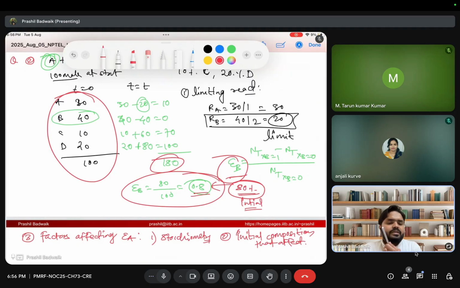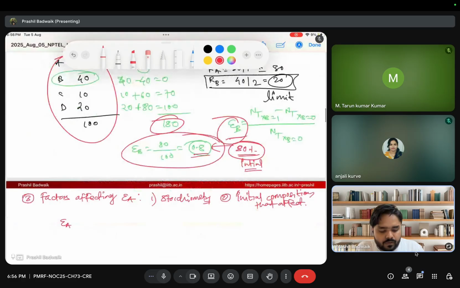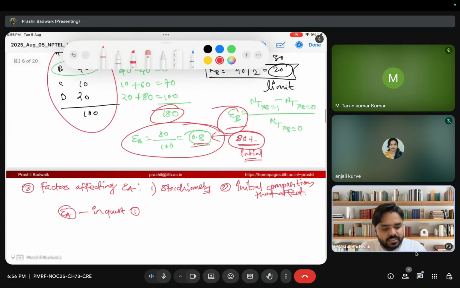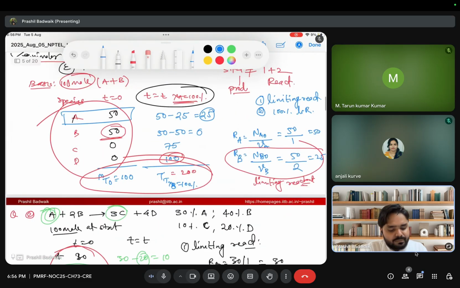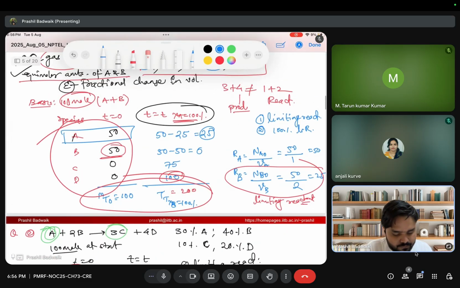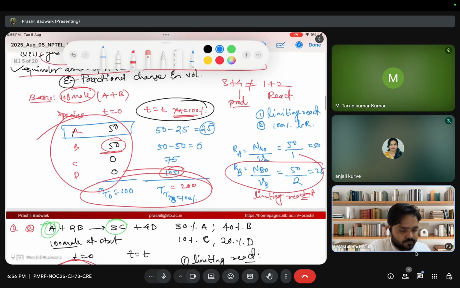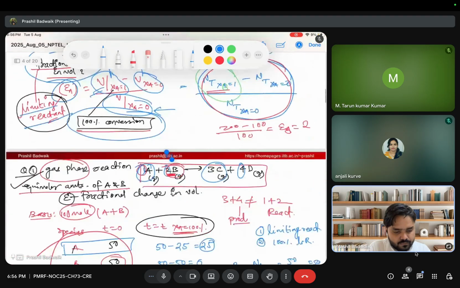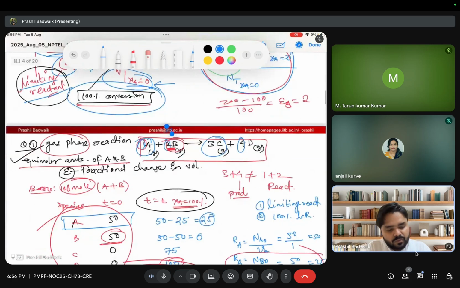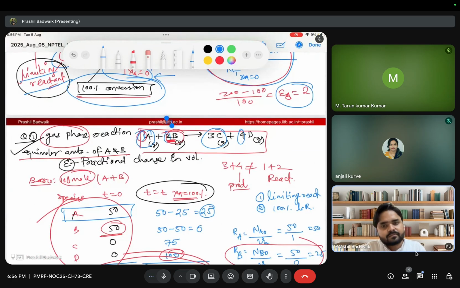Now can you calculate what will be epsilon A in question 1? Yes, correct, question number 1. What we calculated was epsilon B, because B was limiting.